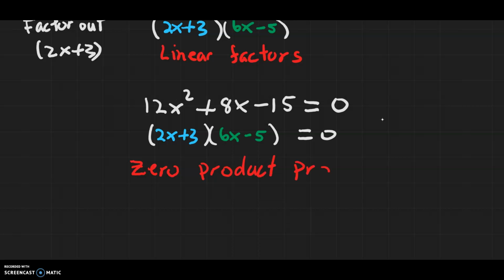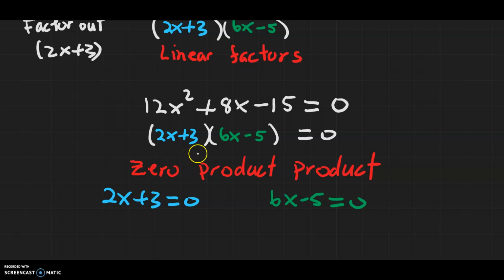And what we actually do is take each individual linear factor and set it equal to 0. So in other words, I have 2x plus 3 equals 0. And then I'm also going to take 6x minus 5 equals 0. And I just solve for x in each of those.